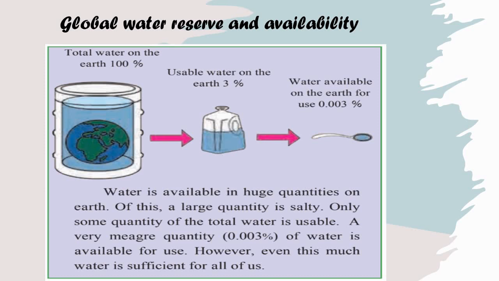But we should also know that this water is also getting polluted because of the waste that is put in the water, the sewage, the drainage, and all the plastic waste that is left in the sea water is contaminating the water that is available for use. And if this percentage is going lower and lower, then definitely in the coming years we will experience a shortage of water.